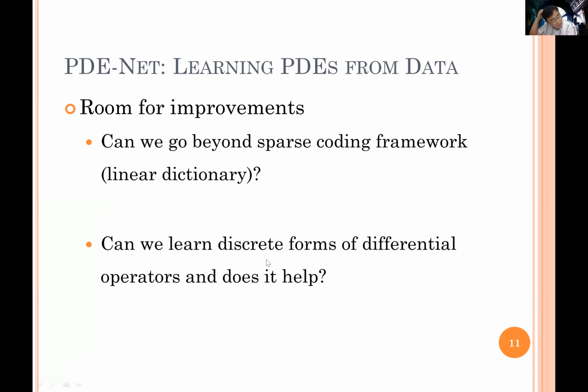Okay, so when we look at the literature, we think there is still some room to improve, especially in the following two aspects. The first one is, can we really go beyond the sparse coding framework? That is, can we go beyond a linear dictionary? What about a nonlinear representation of the unknown response function of the unknown system? And also, can we actually learn discrete forms of differential operators?